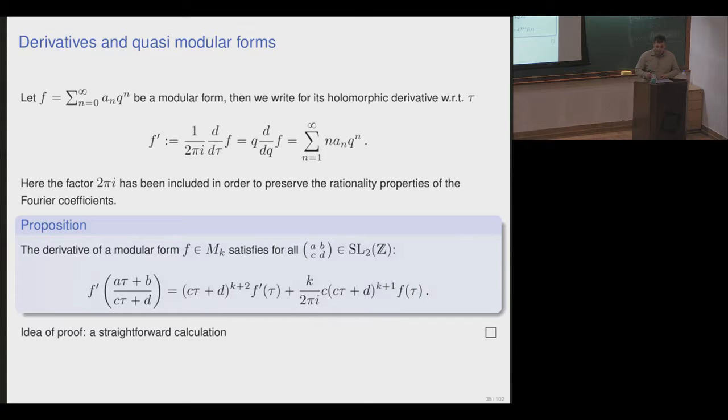There's an additional term popping up, and this additional term is not too bad, in the sense that it is reproducing your function and it just has this additional factor in front. It's just the usual formula for the derivative of a composition of functions, which gives you this equation.